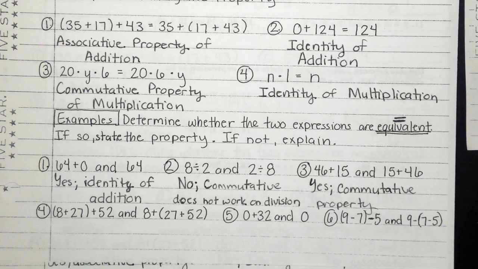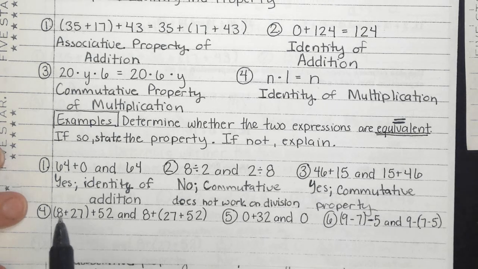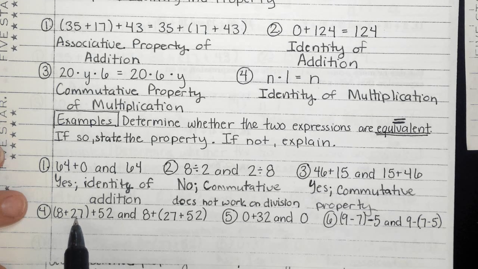All right, number 4. Are these equal to each other? What do you think, Mason? 8 plus 27 plus 52, does that equal 8 plus 27 plus 52? If I add 8 and 27 together, that's 35.